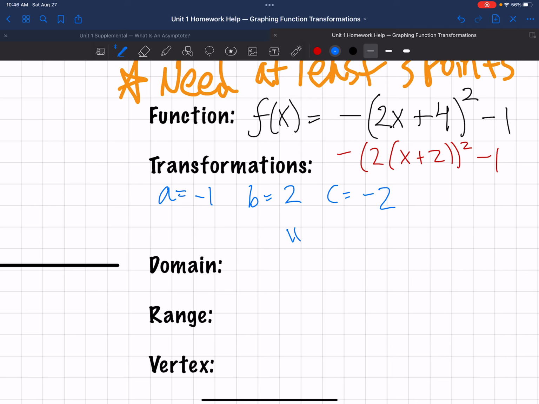Good thing I'm not teaching English, right? x plus 4 in quotes, right? Looks like that. That means shift left. So c is actually negative 2. Okay? And if you don't know what I mean by that, go rewatch the lesson 1.2 video. And then d equals negative 1. So what does this all mean? This means a vertical reflection because a is negative.